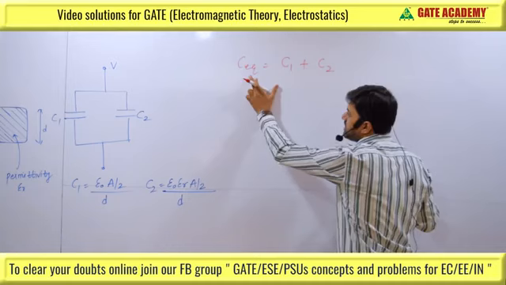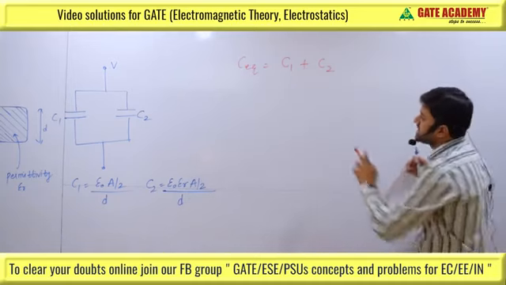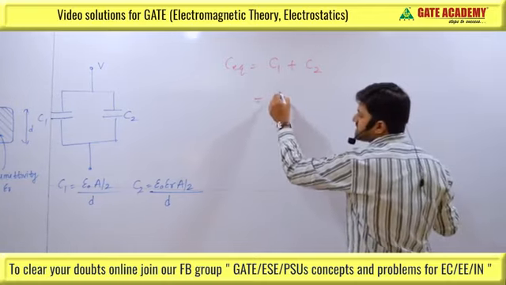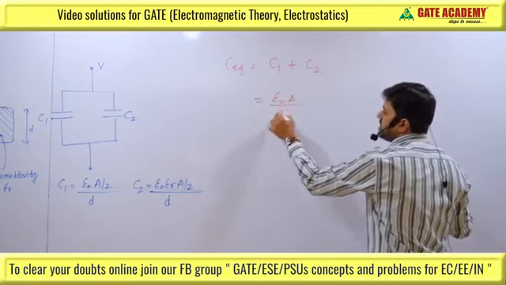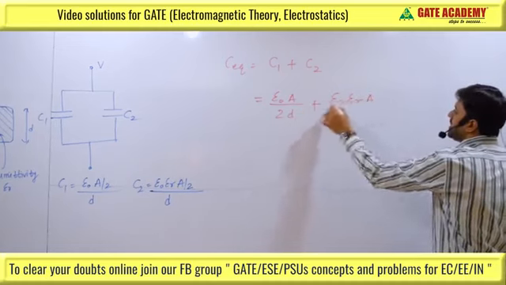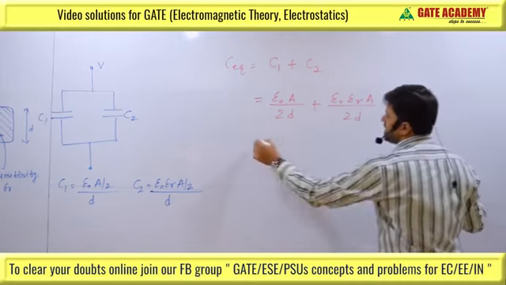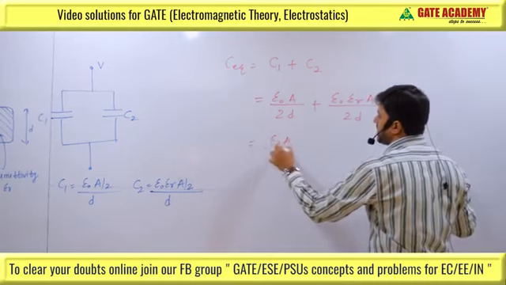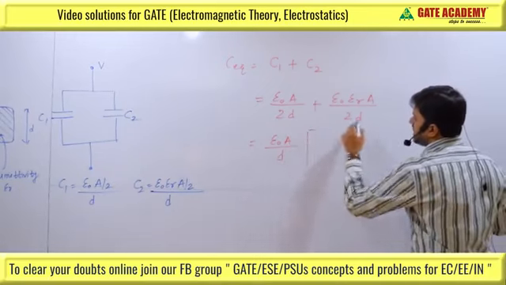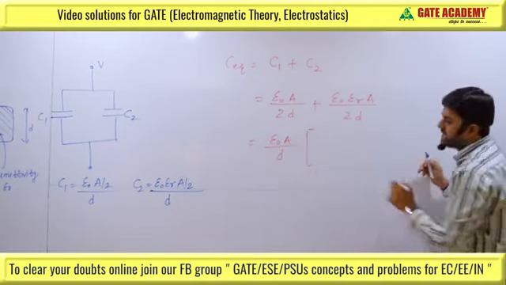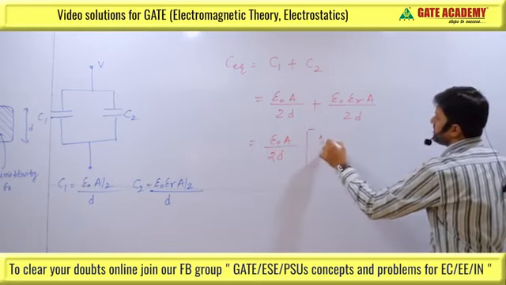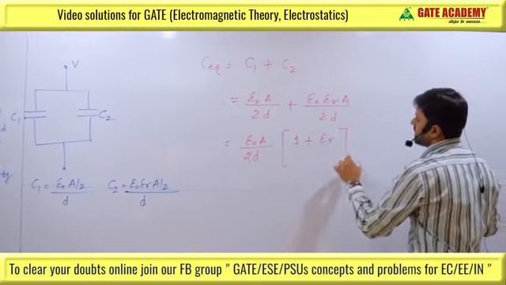So the overall capacitance is the sum of C1 and C2. C1 is epsilon naught A upon 2D plus epsilon naught epsilon R A upon 2D. We can take epsilon naught A upon 2D common, so this will be 1 plus epsilon R.